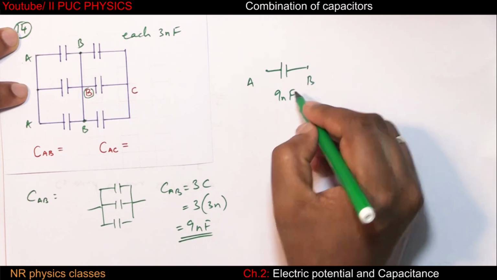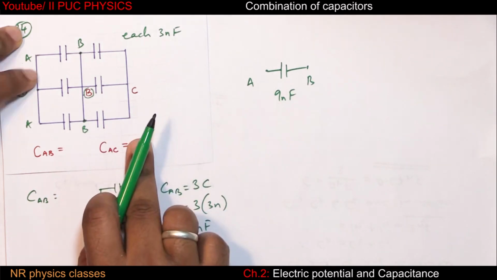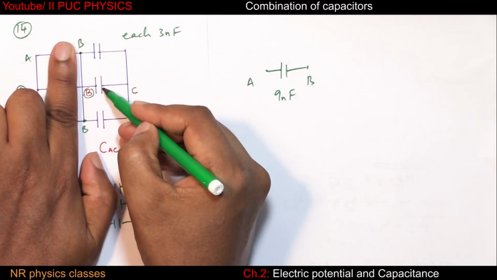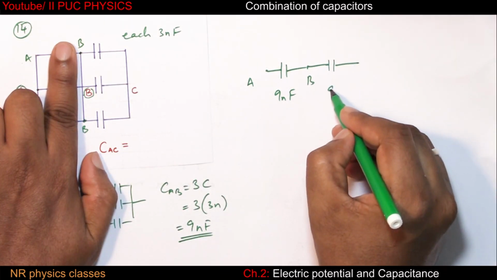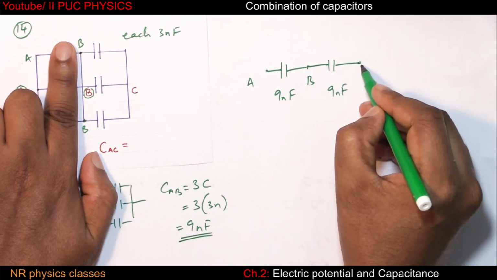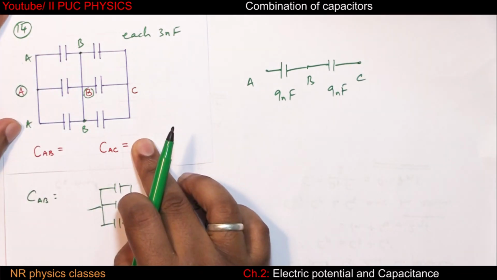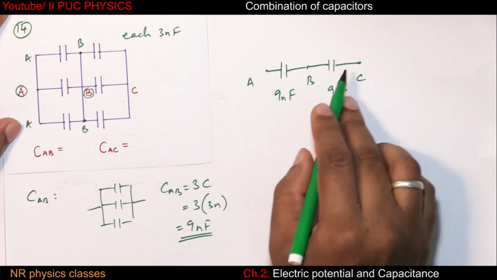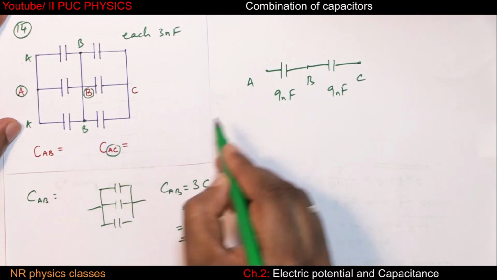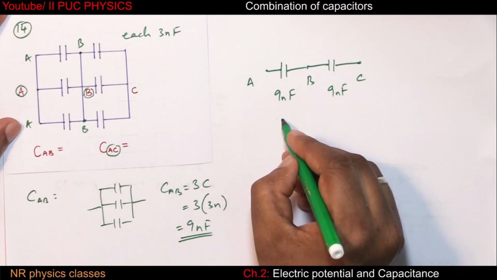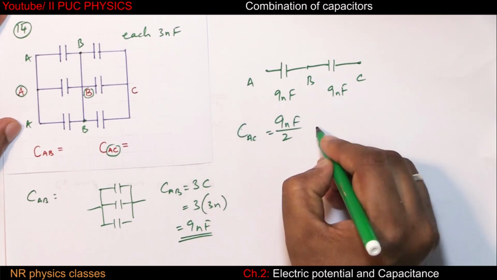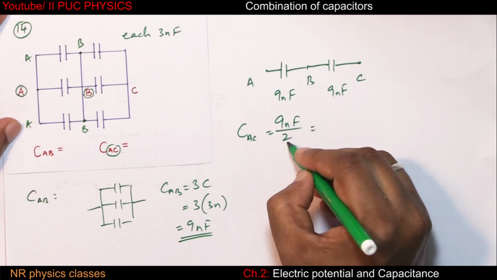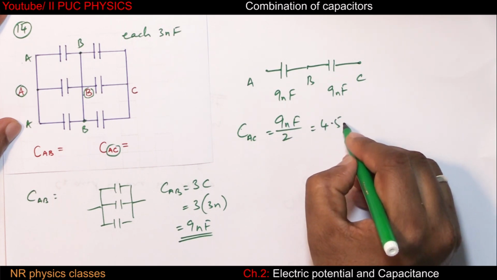This is B. Now after B, again these three are in parallel. One more capacitor, 9 nanofarad. This is C. 9 and 9 in series because we want between A and C. 9 and 9 in series means it is 9 nanofarad by 2. This is CAC. 9 by 2 is 4.5 nanofarad.